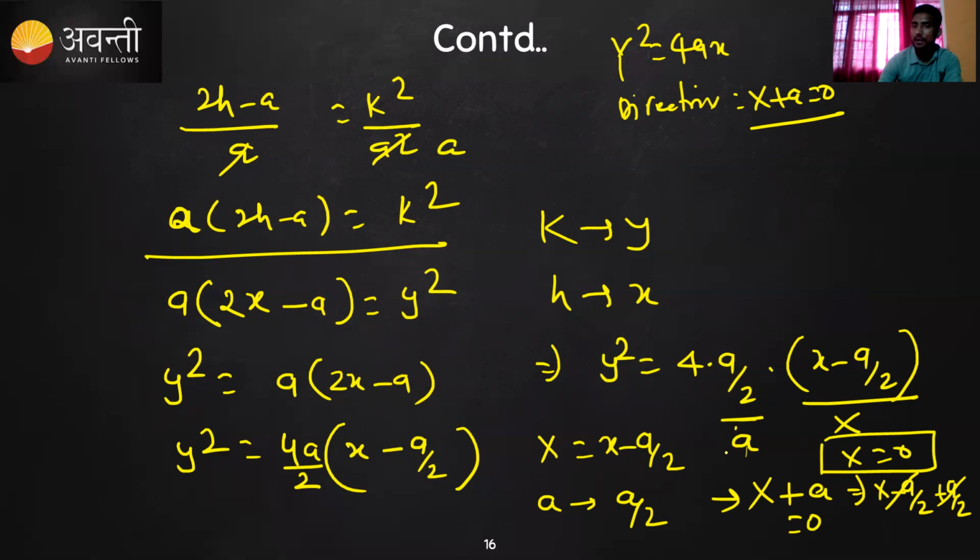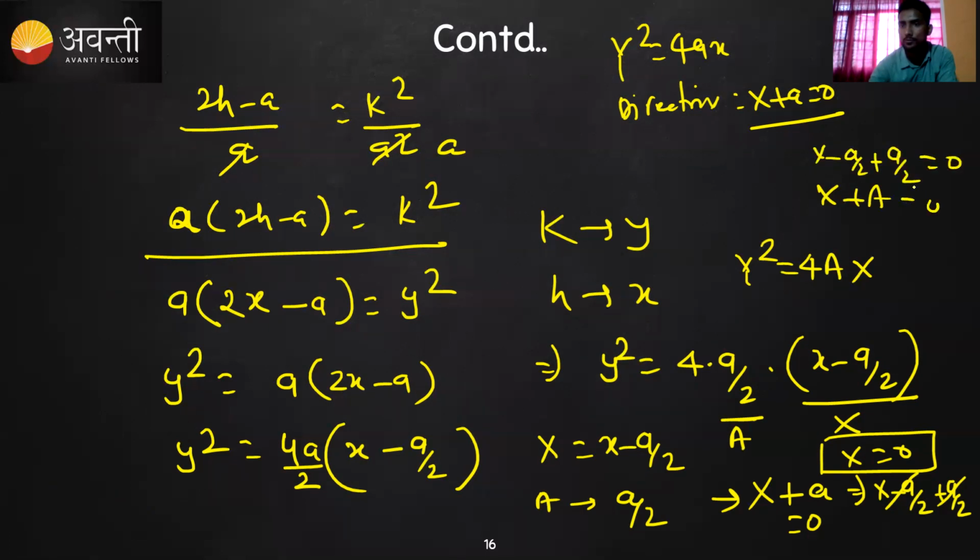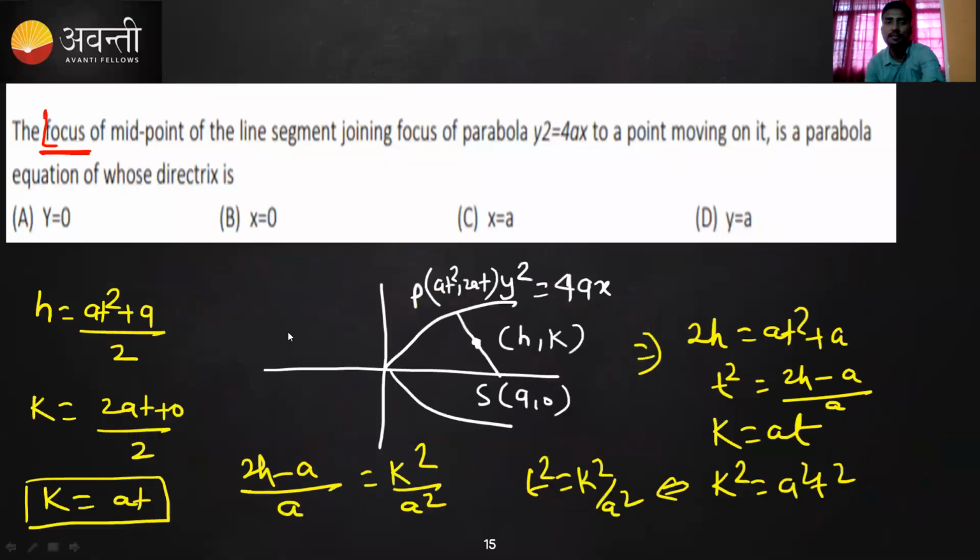This is A, this is capital A, and this is a capital X. So for less confusion, I'm just taking this as capital A. So now it is in the form of y square is equal to 4A capital X. So we can write X plus A, where capital X is x minus a by 2 and capital A is a by 2, is equal to 0. So basically what we will get, x is equal to 0. I hope it is clear to all of you.